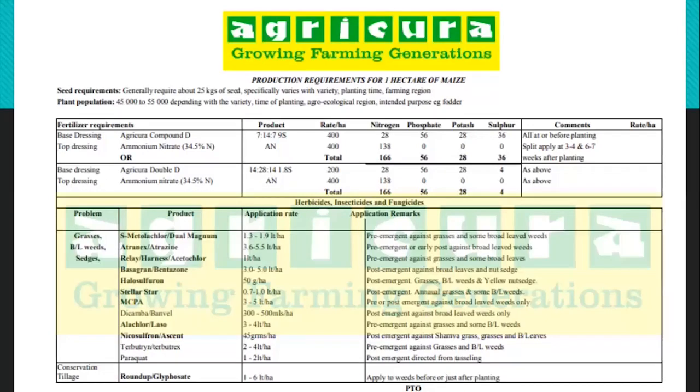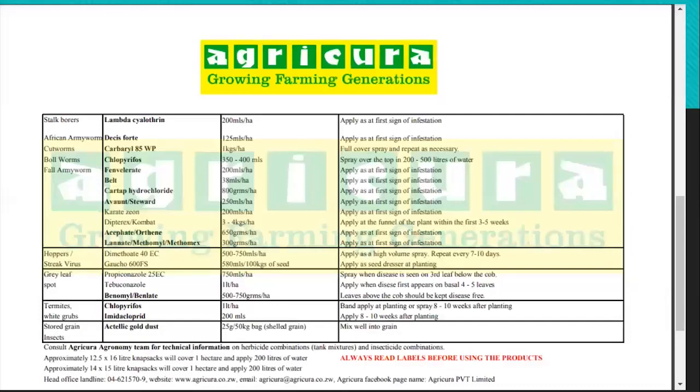We have the product, application rate, and application remarks, and also in terms of your insects. So we don't only have for maize, but we have for all crops. Your soya bean, your sugar beans, your potatoes, tomatoes, tobacco, you name it.